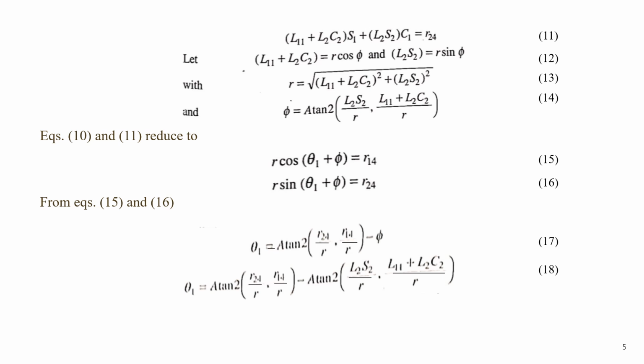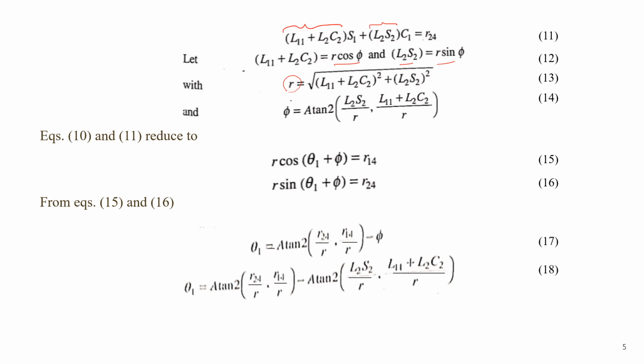The reason for bringing it to this form is that we can apply the trigonometric identity and present the two equations with L1 plus L2 C2 equal to r cos phi and L2 S2 as r sin phi, right? Here r is nothing but the distance, that is root of L1 plus L2 C2 the whole squared plus L2 S2 the whole squared, and phi is atan2 of L2 S2 by r and L1 plus L2 C2 by r, right?